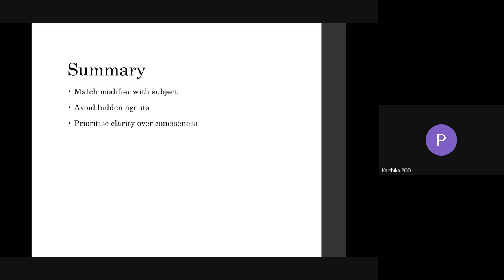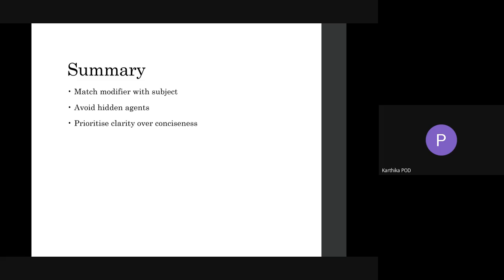That is right. So a modifier could be adjectival or adverbial, whatever that is. You have to match the modifier with the subject. It cannot just hang in there as a separate. That is why it is called a dangling modifier. That grammatical error itself is called a dangling modifier because it doesn't fit in with the structure of the rest of the sentence.